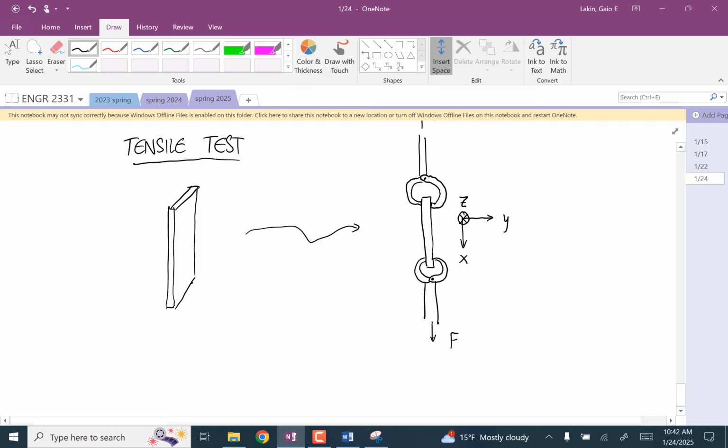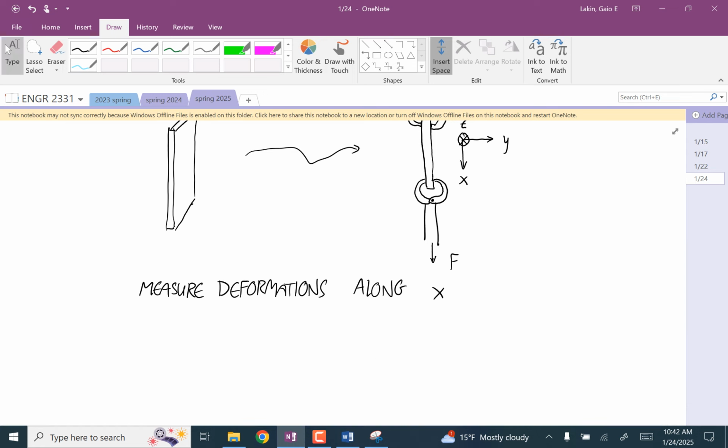You measure the deformations along X, and either Y or Z. Either one of those is fine.